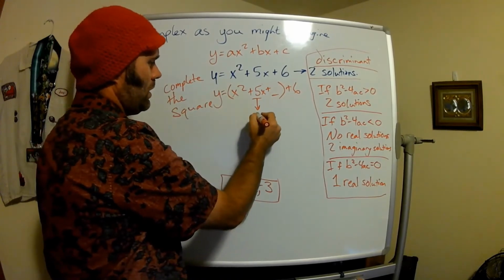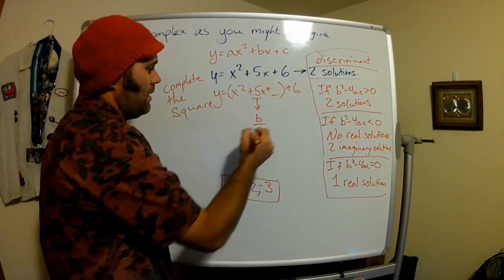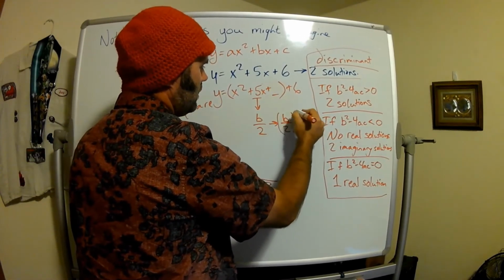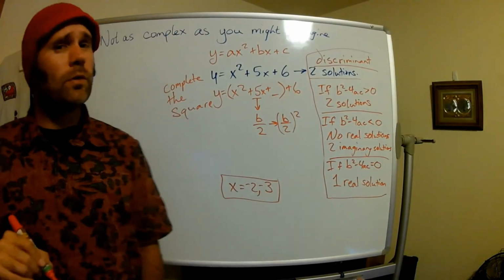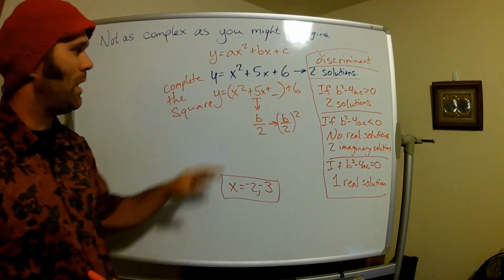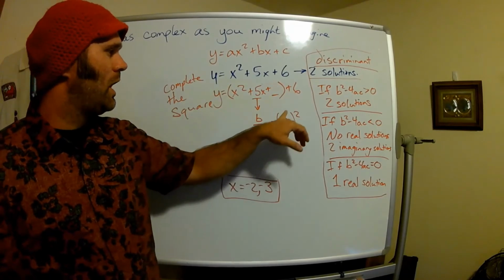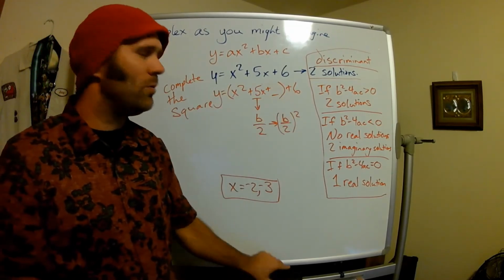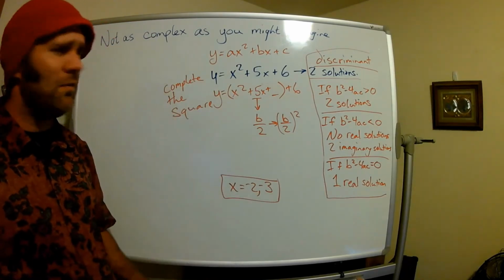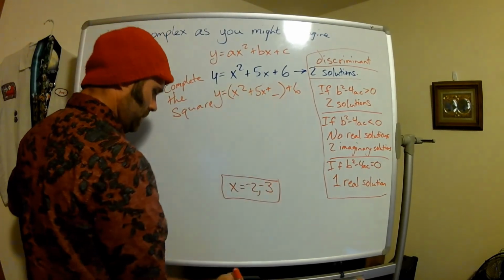What we're going to do is take b, divide it by 2, and then square it. That's pretty weird, but we have to do it. Every time, it doesn't matter what b is, we always take b, divide it by 2, and then square it. I always do it off to the side because it's a mess if you do it in the middle of the problem, so I always make myself a section for side work.